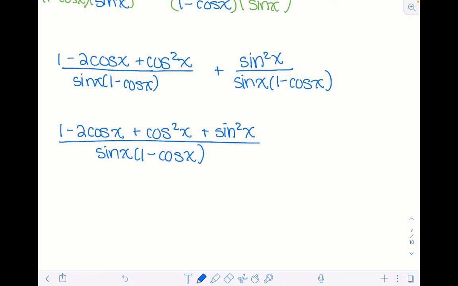So again, everything we've done up to this point has all been algebraic techniques. But at this point, we're going to start simplifying, and we will start using trigonometric identities as well.